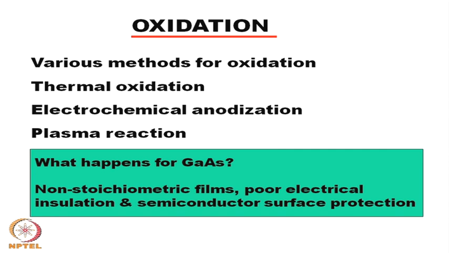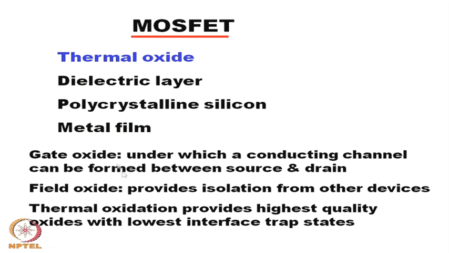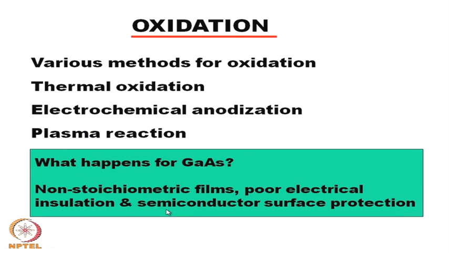But among these three, thermal oxidation, electrochemical and plasma reaction, we shall find that thermal oxidation is the best one, because thermal oxidation provides the highest quality oxides with the lowest interface trap states. So, in that sense thermal oxidation is the best option available.